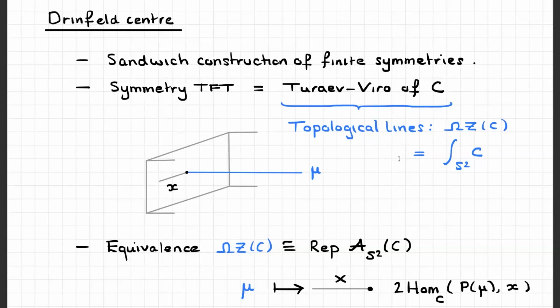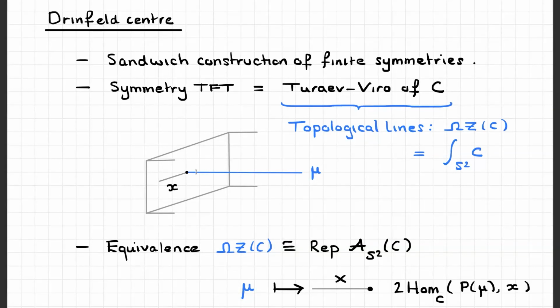Okay, but the idea is that whatever we call it, there's an equivalence this time of symmetric fusion categories between endomorphisms of the identity in the Drinfeld center and representations of this tube algebra. That's the idea. And you can give a functor in one direction. The way it works is in exactly the same way. It's basically capturing this picture here.